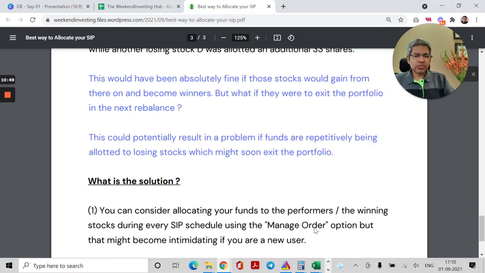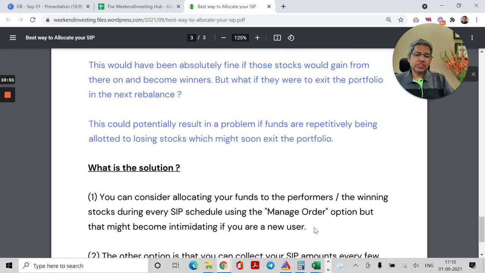So what is the solution here? One solution is that we manage the order. So when we are doing the SIP, we use the manage order option and we try to add to the winning stocks. That may be a bit aggressive, but that may be one of the ways of doing it, or at least not add to the losing stocks.